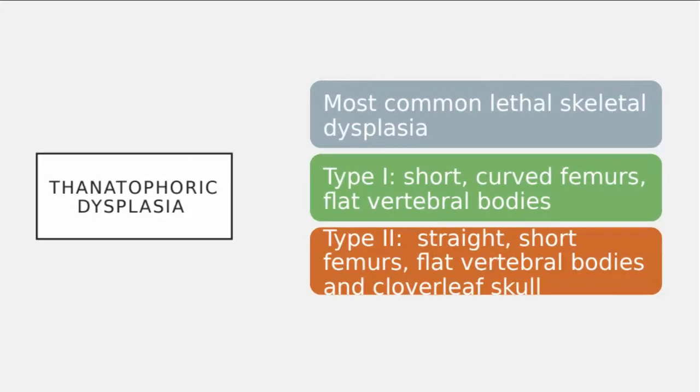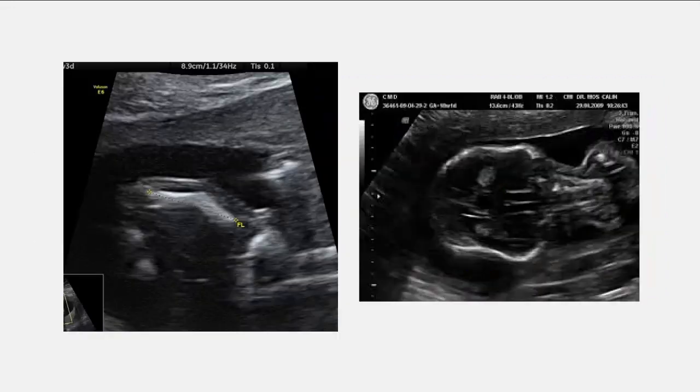So type 1, we're going to see femurs that are short and bowed. We're also going to see very flat vertebral bodies. So those spine pictures are going to be very, very important. And then type 2, we're going to see straight femurs, so they're not going to be curved like in type 1, but they're still going to be short. We're still going to see the flat vertebral bodies, and then we're also going to see a clover leaf skull.